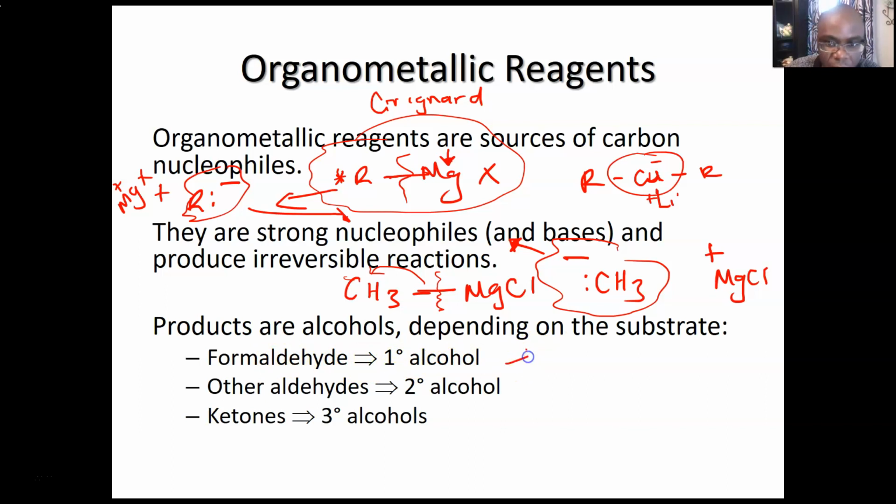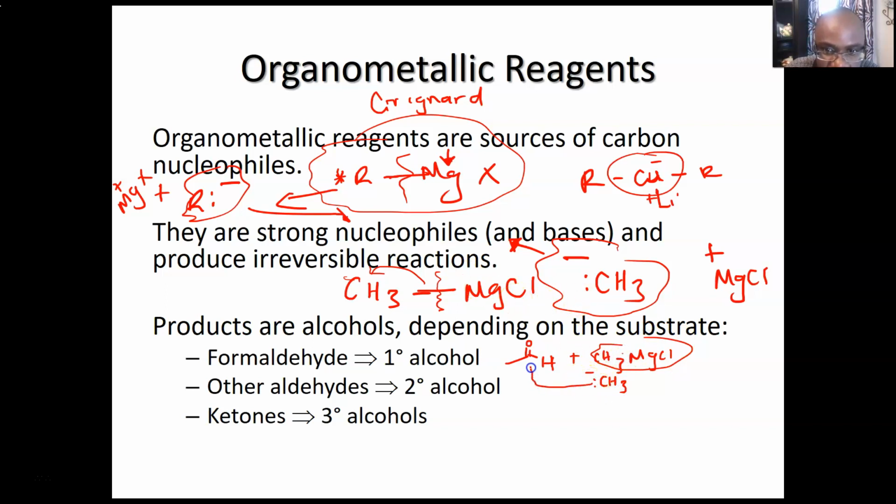Let me give you a specific example. If you have this aldehyde and we are reacting it with a specific Grignard where the R group is a methyl, I would again only consider the CH3 with a lone pair and negative charge. That's what the Grignard gives, as I explained here.